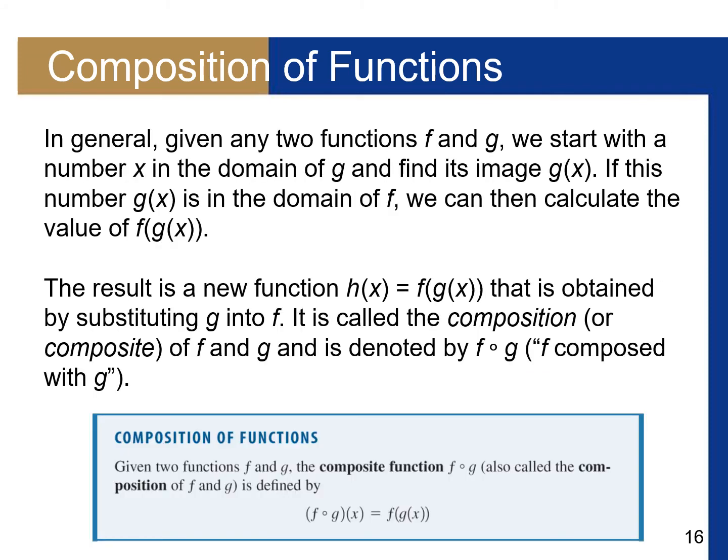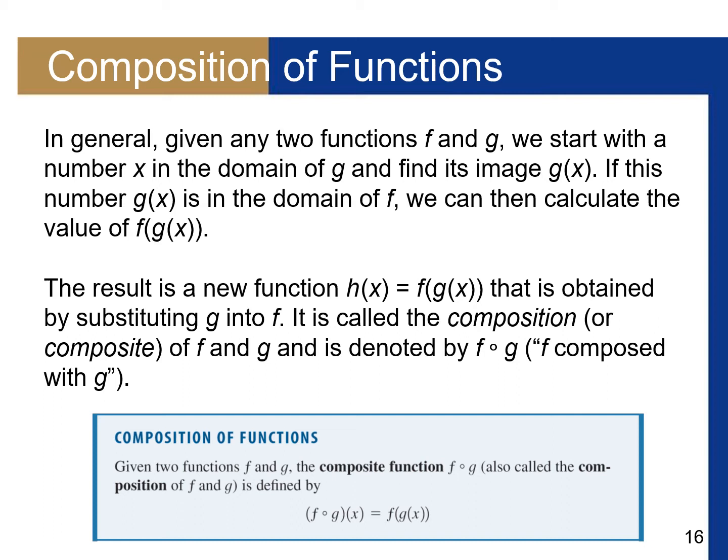So in general, given any two functions, f and g, we start with a number x in the domain of g and find its image. And when we call image, we're saying we're going to find its range. If this number, g of x, is in the domain of f, then we can calculate the value and put g of x into the function of f.